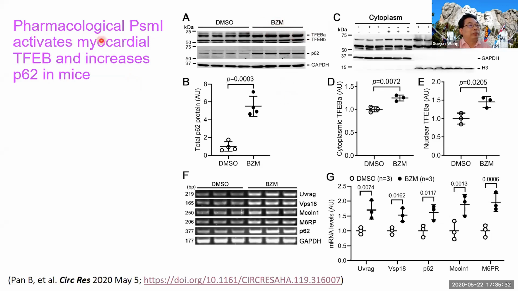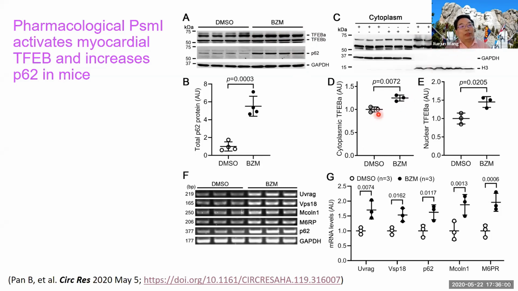This is global inhibition, of course. We can see here that the slow-migrating form of TFEB actually is reduced, and the faster-migrating form increased. We know that this migration is consistent with dephosphorylation of TFEB. And when we did nuclear fractionation, indeed the nuclear TFEB is increased.